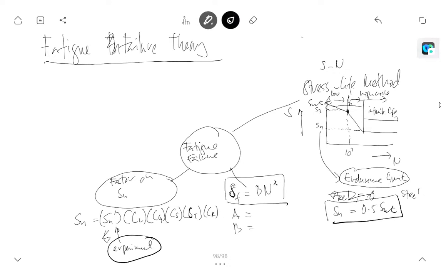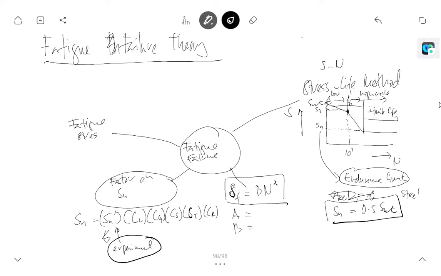Then we have learned the type of loading on that material, especially for fatigue stress.